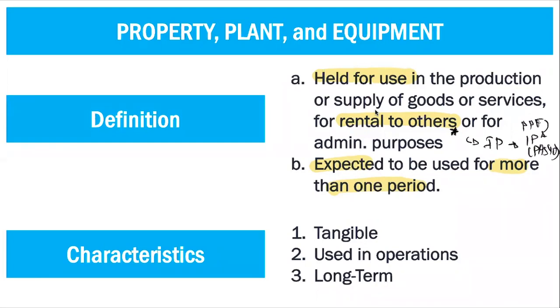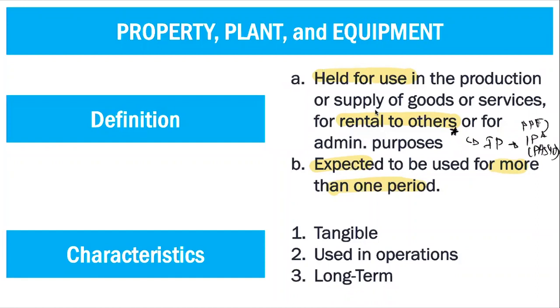This is made true because of your new leases standard, IFRS 16. IFRS 16 leases provides that you can recognize a right of use of asset already, whether or not the ownership will transfer to you. So long as the probable economic benefits will flow to the entity, then we can consider that item as a property, plant, and equipment. So right of use of asset.